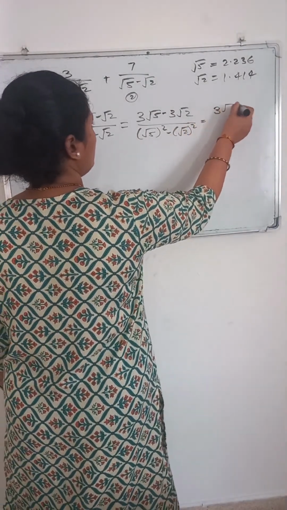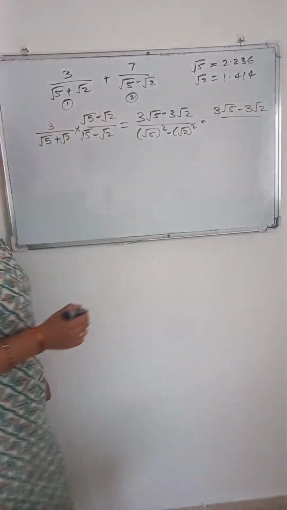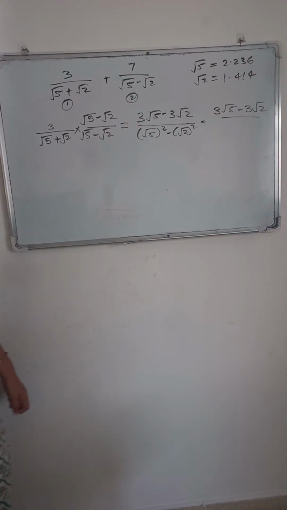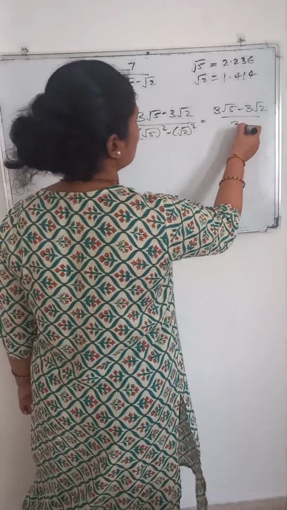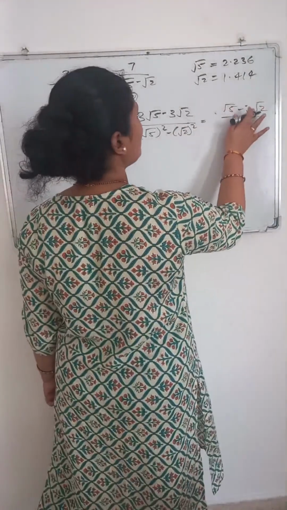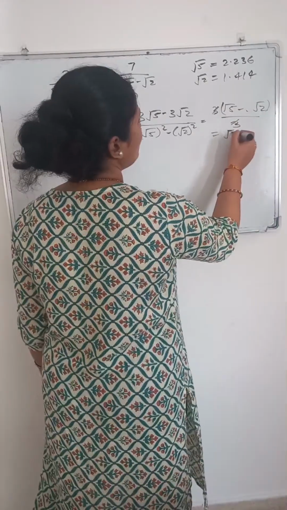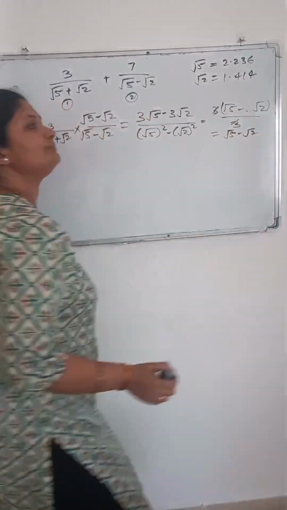So 3 root 5 minus 3 root 2 upon 5 minus 2, which is nothing but 3. Or else we can take 3 common and directly cancel it out, so we will get root 5 minus root 2.